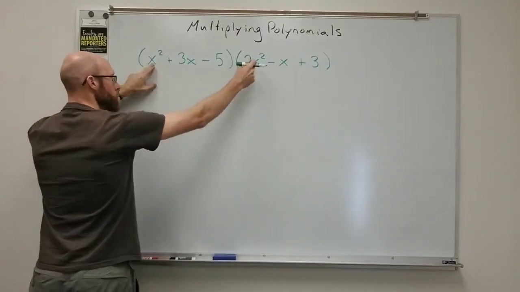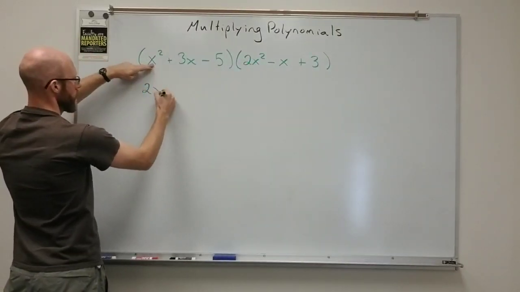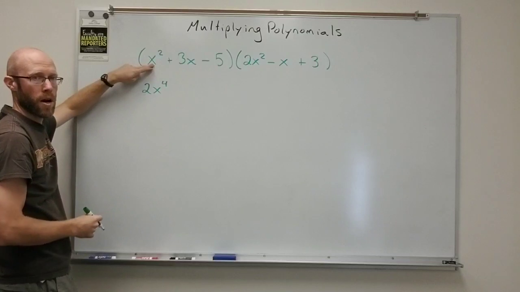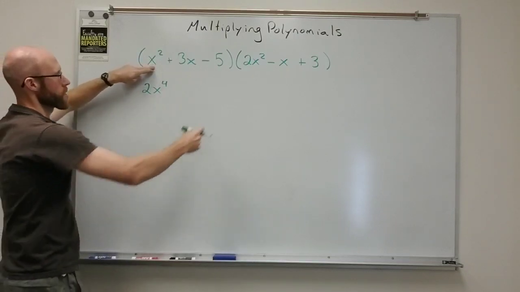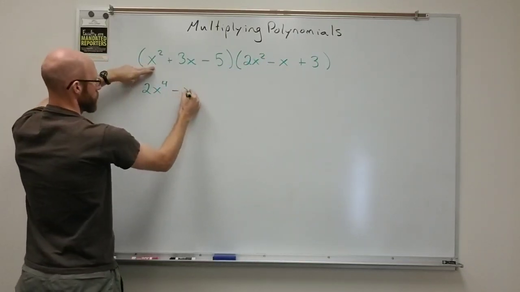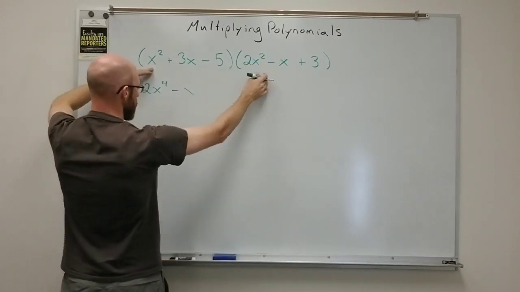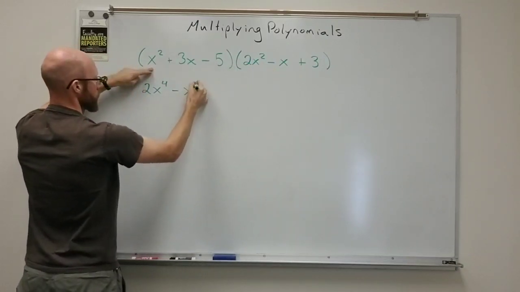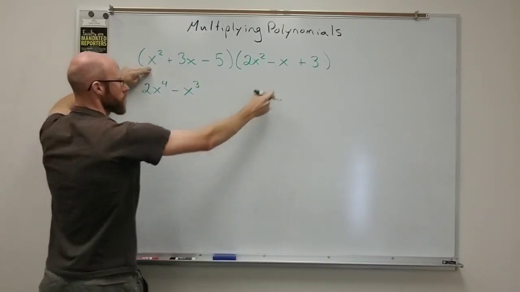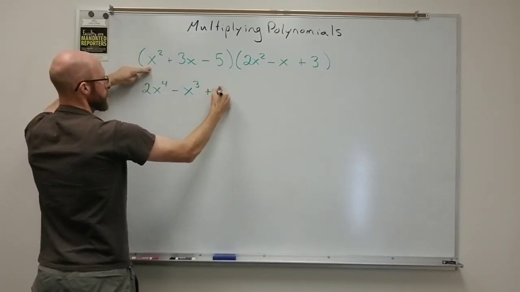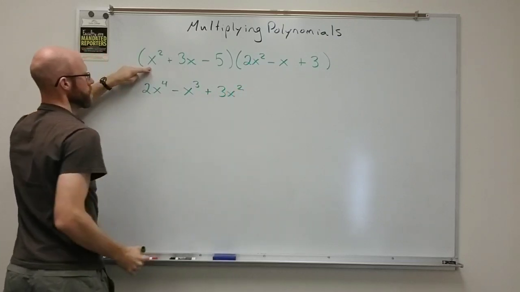So x squared times 2x squared is 2x to the fourth. Again, adding powers. Then x squared times negative x is negative x cubed. And then x squared times 3 is 3x squared.